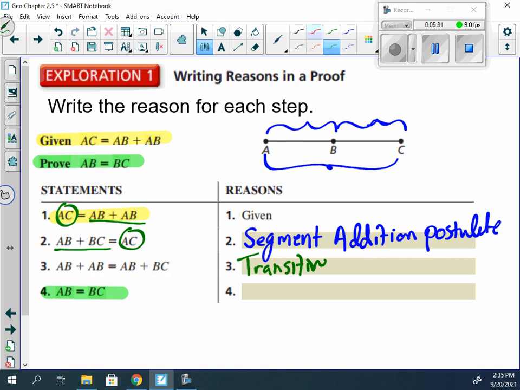Transitive, yes. Property of equality. Because the transitive property of equality will let us put those two statements together. If we're taking two statements that have something similar, so AC and AC here, we're going to use the transitive property of equality. If we're just plugging a specific value in, we'll be using the substitution property of equality.